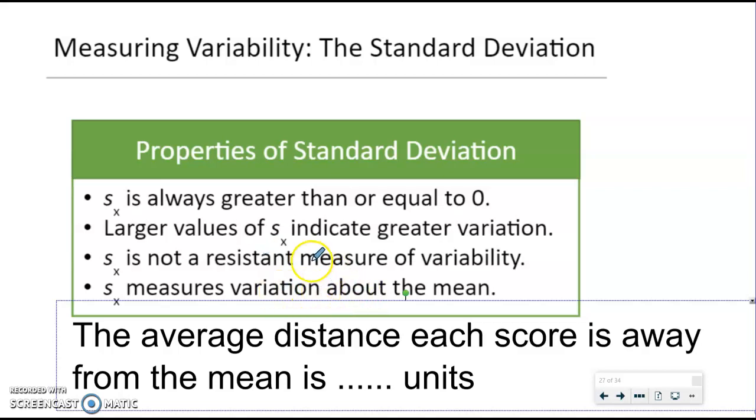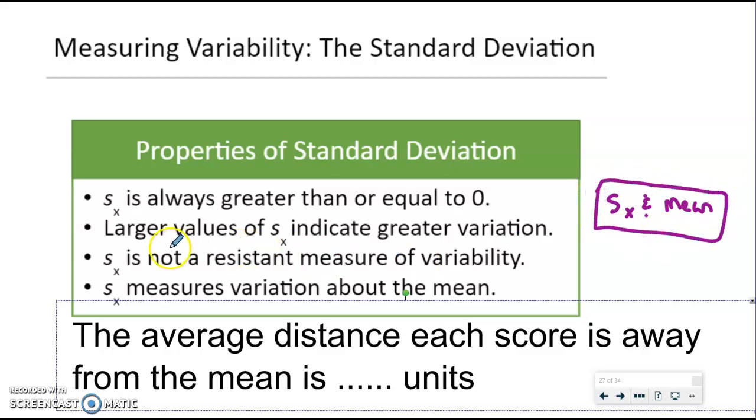Standard deviation is not a resistant measure of variability. And S of x is based on variations about the mean. So one of the things that we'll notice, guys, is that S of x is related to the mean.